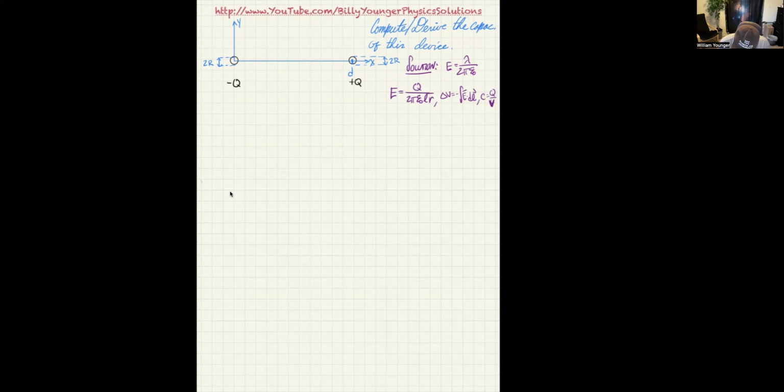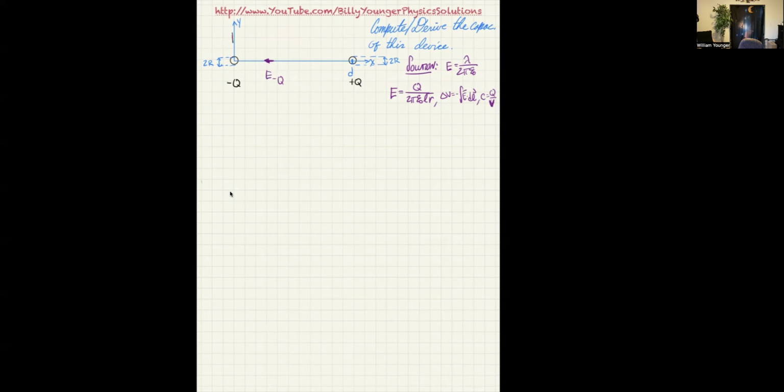So I'm going to start off by realizing that the negative Q in principle is going to have an electric field that's centered on the origin. What that means is the electric field between the two is actually pointing this way due to the negative charge. So that's E due to the negative Q. It's pointing that way.